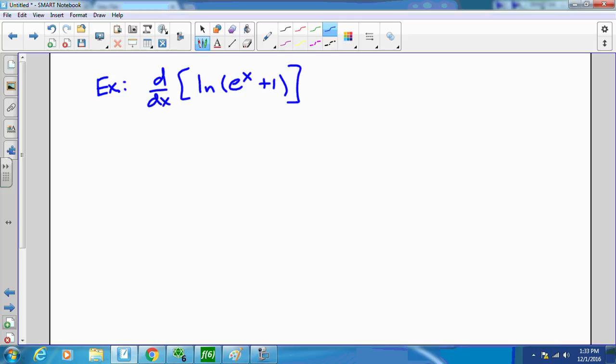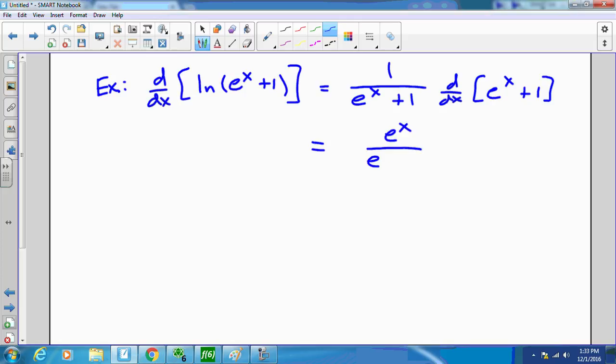The outside function is natural log, and therefore its derivative is 1 over flat, times the derivative of the inside. And then I walk a term at a time. The derivative of e to the x is e to the x. The derivative of 1 is 0, so I get my answer just like that.